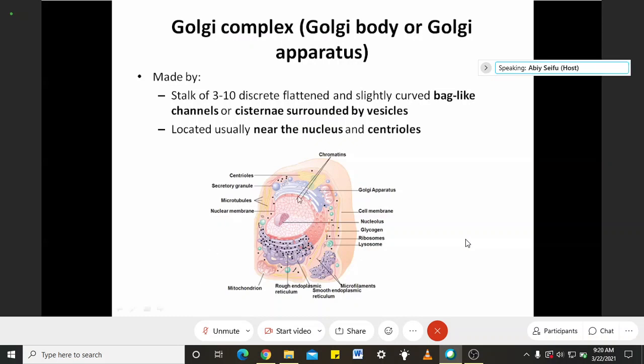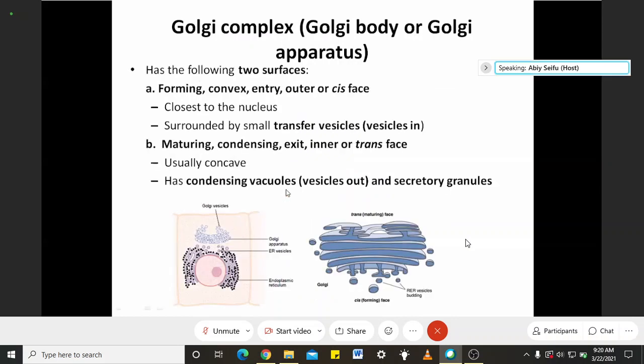The Golgi apparatus is also found nearer to the nucleus, around the cell center. The nucleus is found around the center, nearer to the centrosomes, around the centrioles. So this is where they are located. And this Golgi apparatus would receive the transfer vesicles from both rough and smooth endoplasmic reticulum.